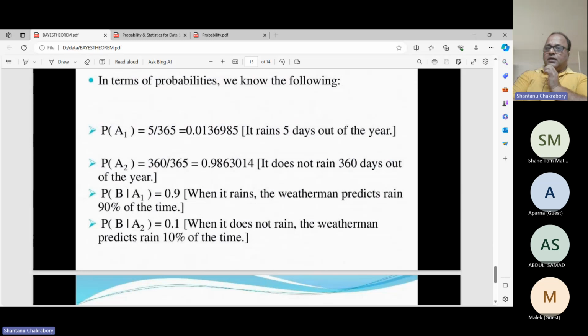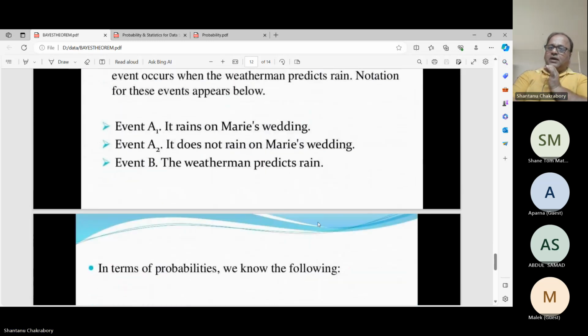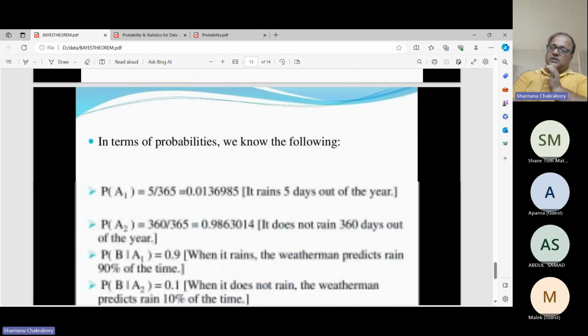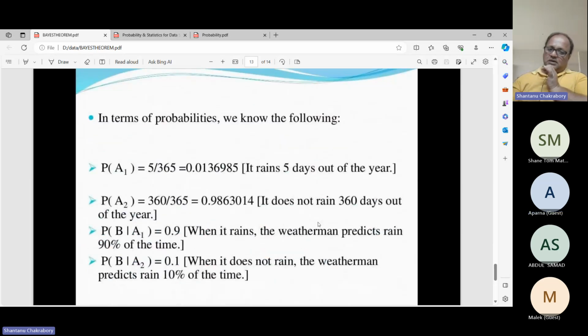In terms of probability, we know there are only 5 days in a year in that desert when it rains. So A1 is it rains: 5 out of 365 is the probability that it will rain on the day of Mary's wedding. That is the probability of the event A1.